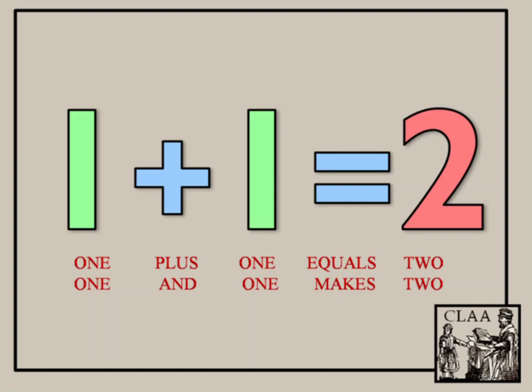If we were to read all of these symbols as a sentence, we would read 1 plus 1 equals 2. We can also read this as 1 and 1 makes 2.